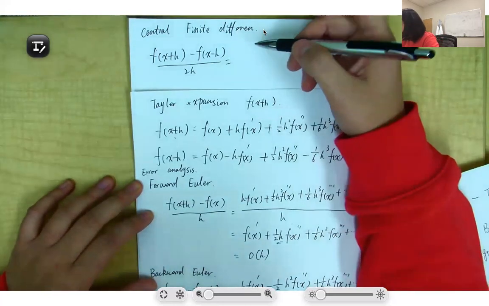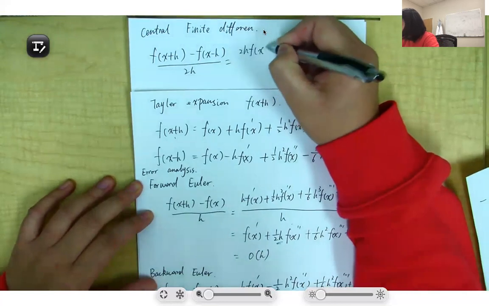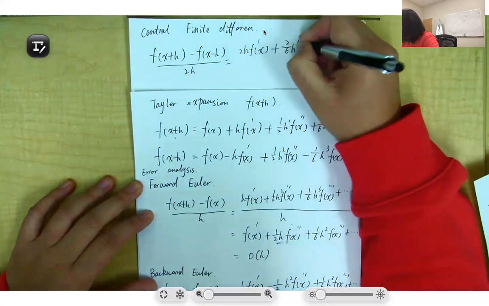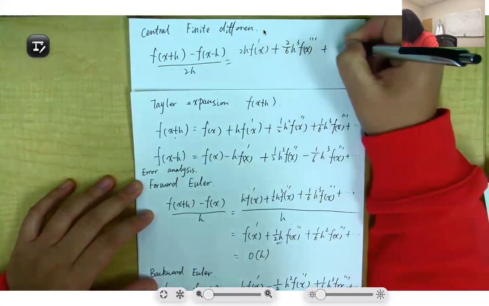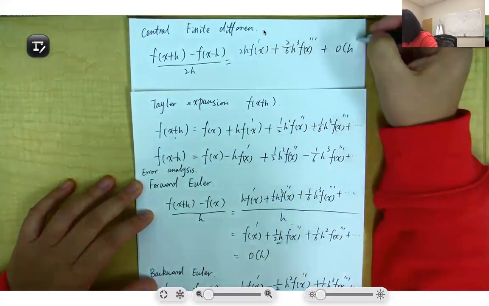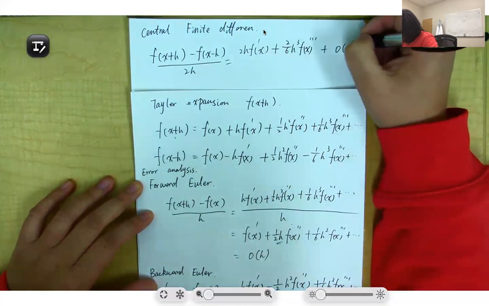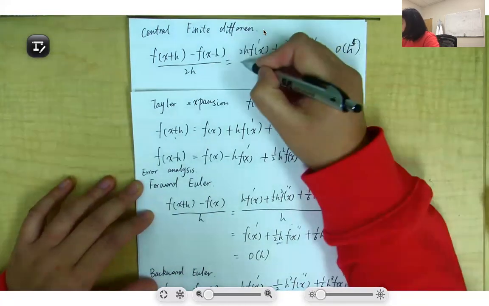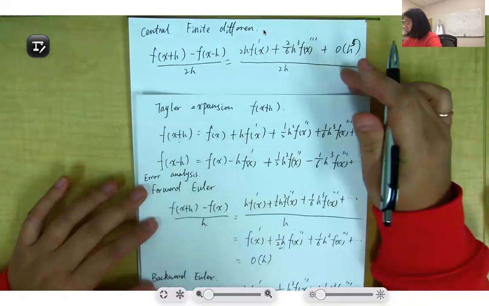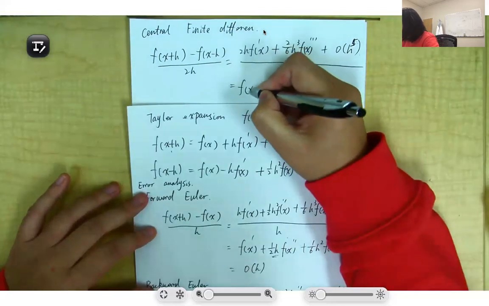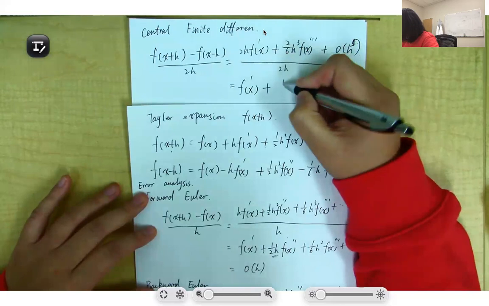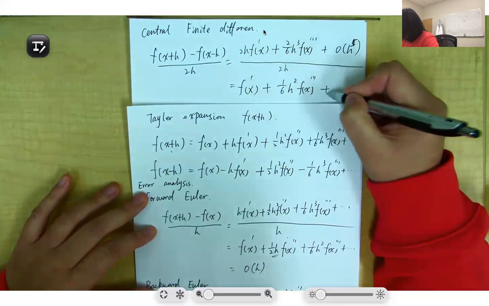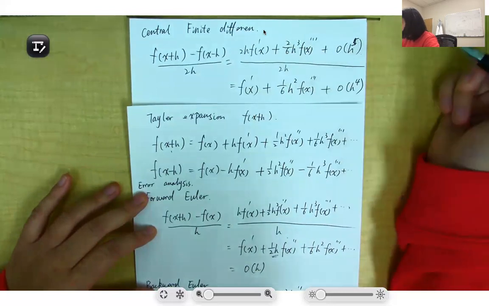That should be equal to 2h f'(x) plus 2 over 6 h cubed f'''(x) plus, on the order of the fifth power. Then divide by 2h. And that equals f'(x) plus 1 over 6 h squared f'''(x) plus on the order of h to the fourth, right?